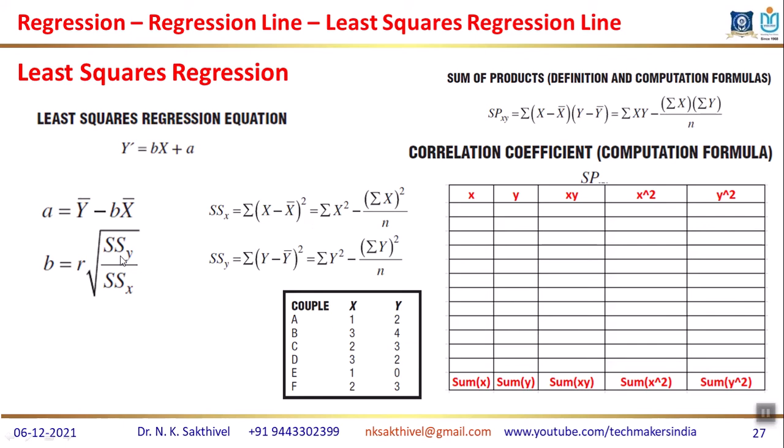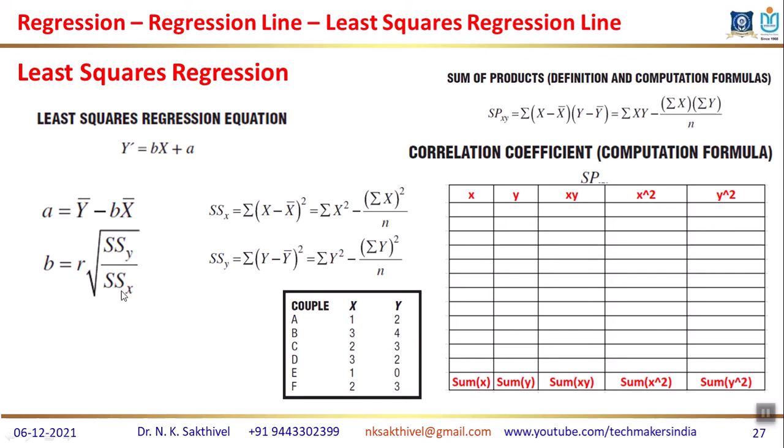I calculated y squared here, second y squared value, third y squared. After calculating squares, I calculate a sum. So this value will come after filling the values in this table. We will get one value. This is called SSY, that means sum of squares of y.